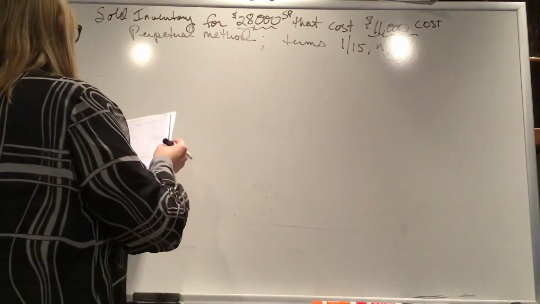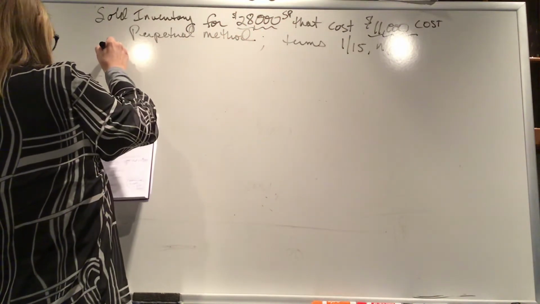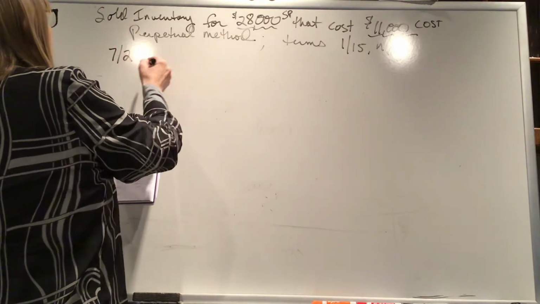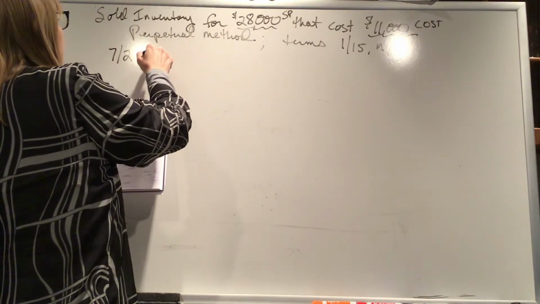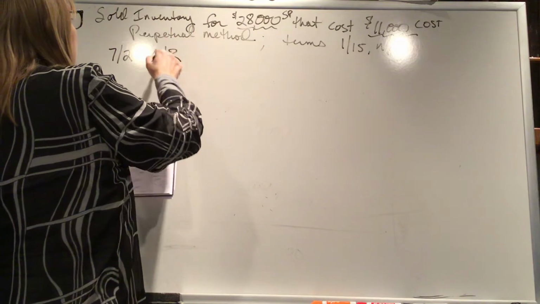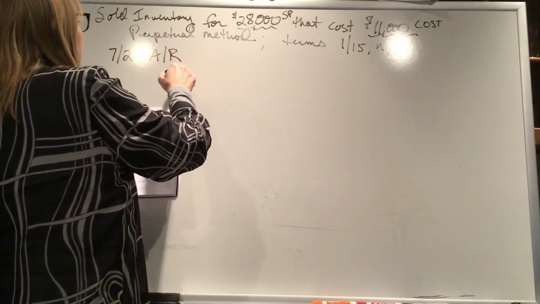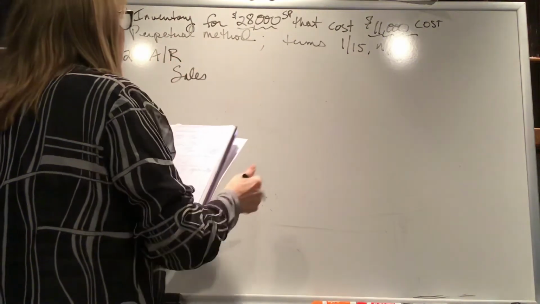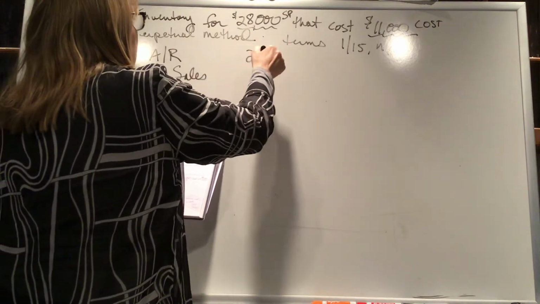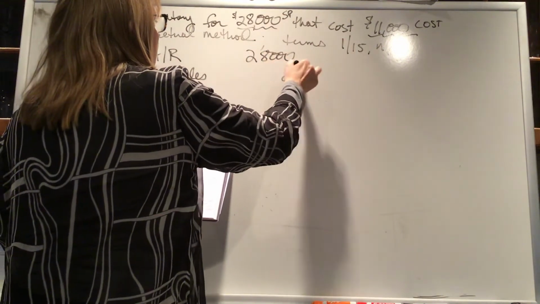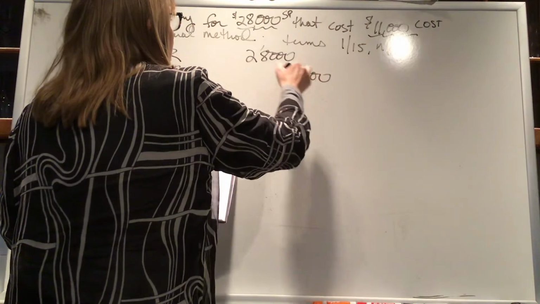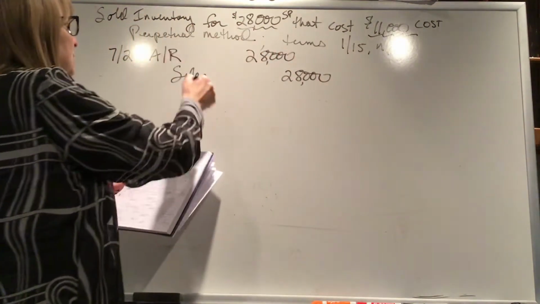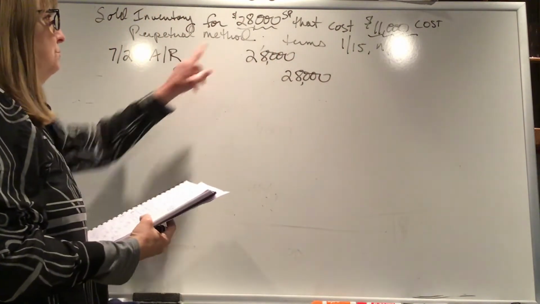So let's say that the sale took place on 7/2, and so again, this is on account, so we're going to debit accounts receivable and credit sales for the sales price, $28,000. So we're going to debit accounts receivable and credit sales for the sales price number.